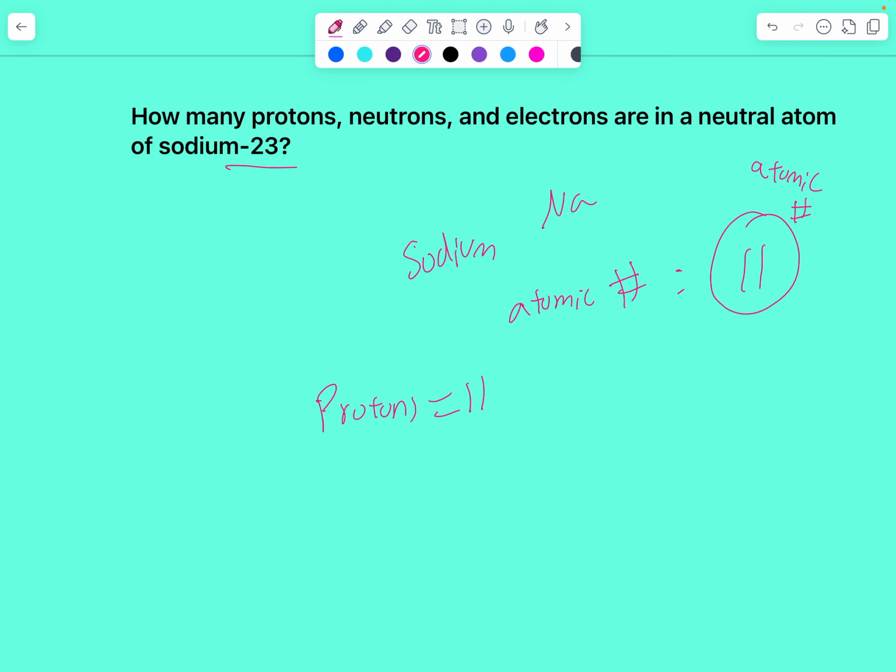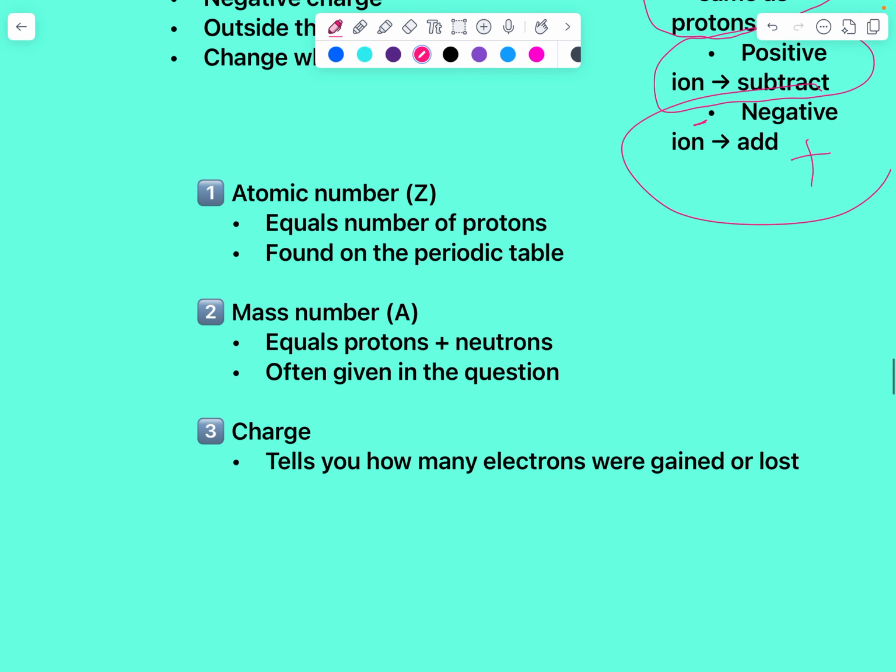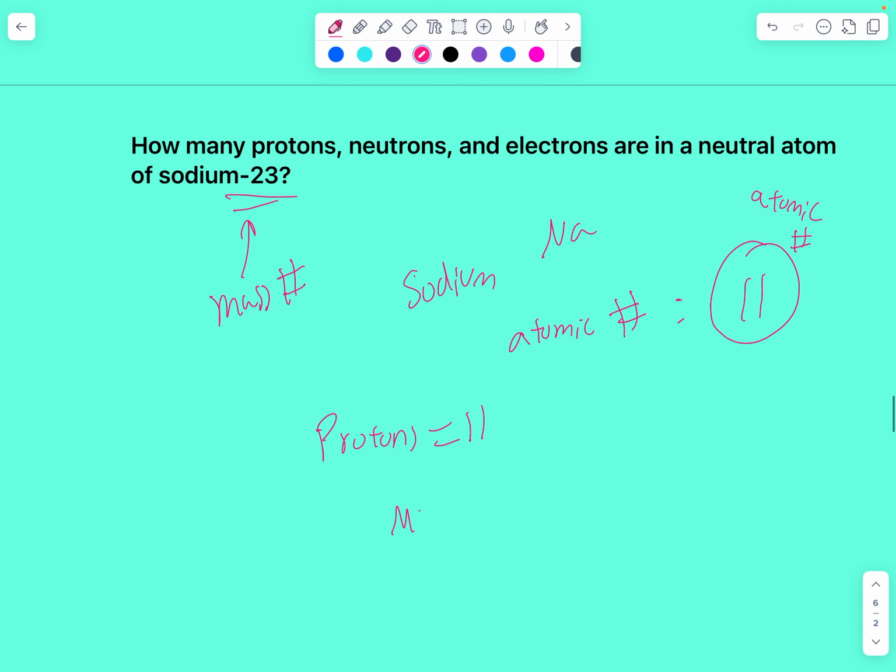They told me 23. When they told me that, that means the mass number, right? And what do we know about the mass number? Mass number is made up of protons plus neutrons. So mass number equals protons plus neutrons.